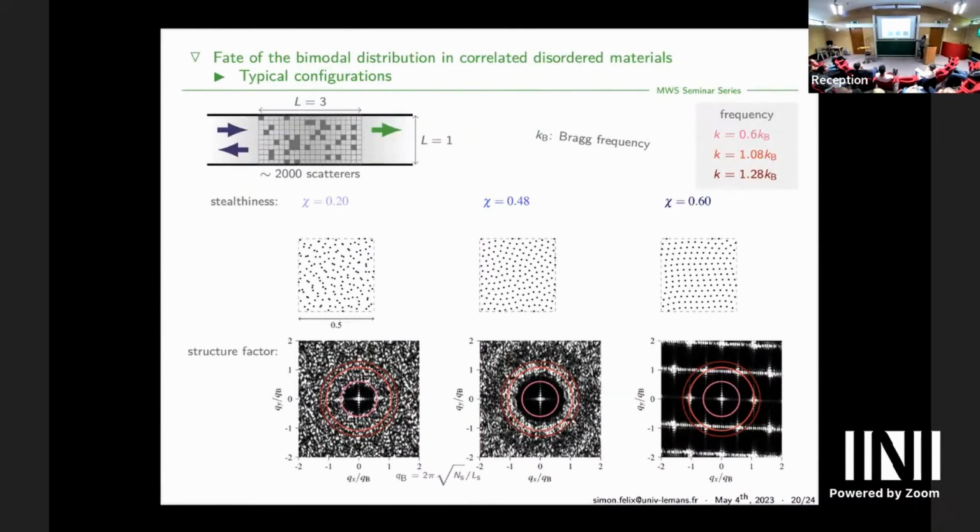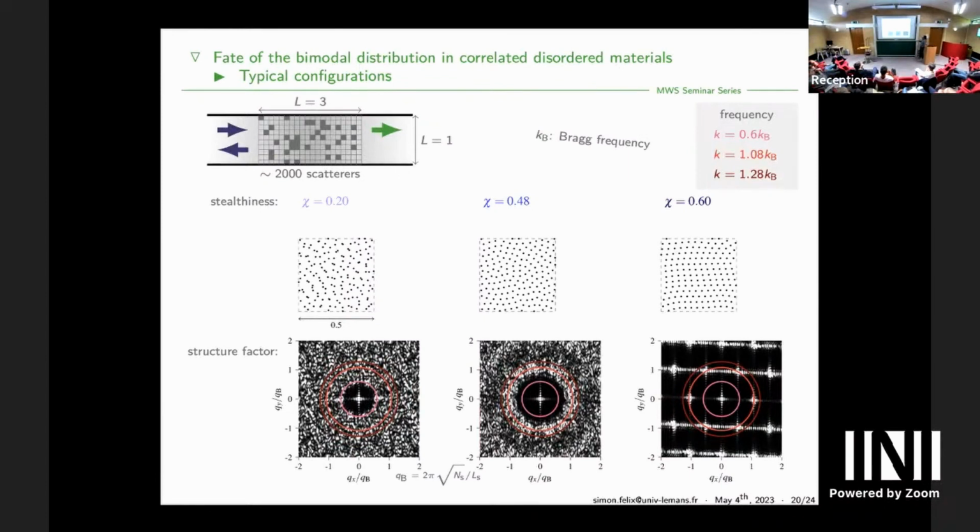We generate some hyperuniform distribution of points, and from this we define a regular grid on which we have a distribution of points which reflects this hyperuniform distribution. Of course, this is a schematic. In practice, we have 2000 scatterers in the slab. And what we show here is a typical repartition of the points.